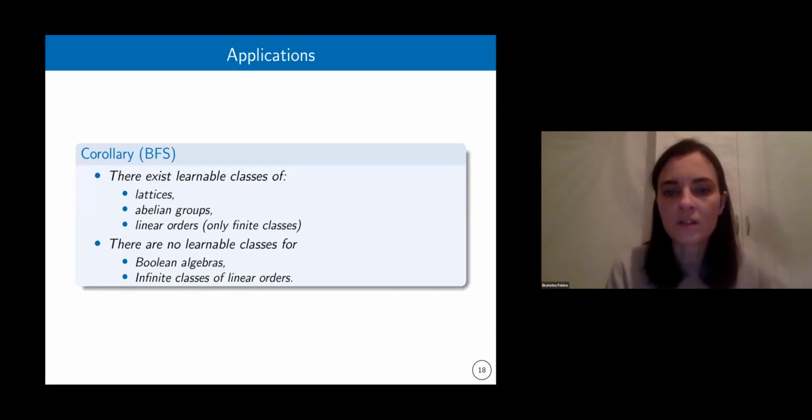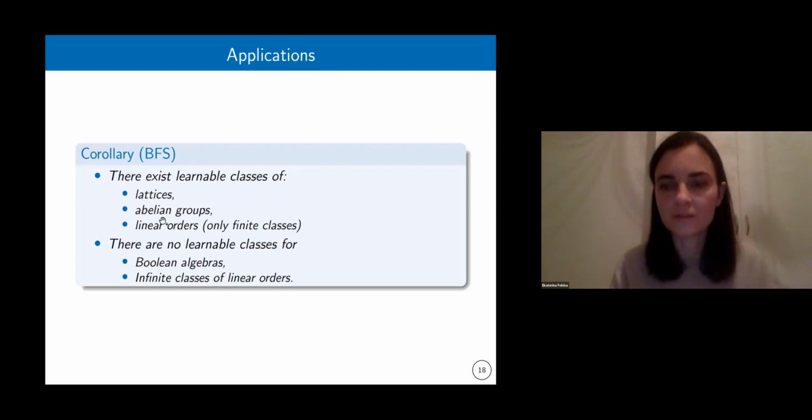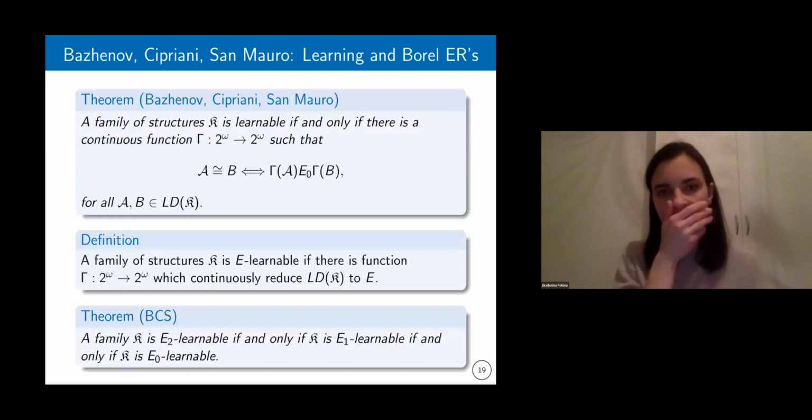But we have no learnable classes for Boolean algebras, or infinite learnable classes for linear orders. Okay, and for all those learnable classes, we can also easily estimate the complexity of the learner. So basically, we can do it pretty much in a computable way for the examples that we have.